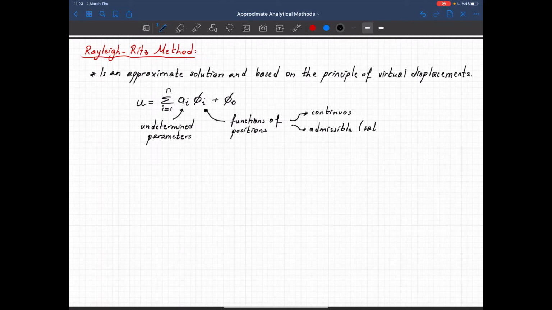They satisfy geometric or essential boundary conditions. So we can choose any function that we want, but in general, in this approach, we choose phi as a polynomial or a trigonometric function.